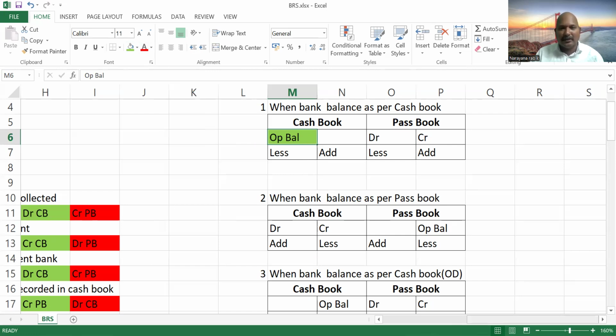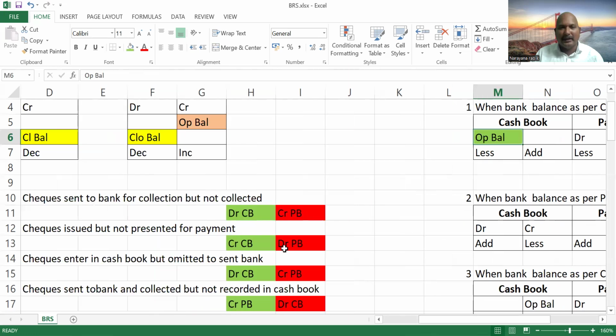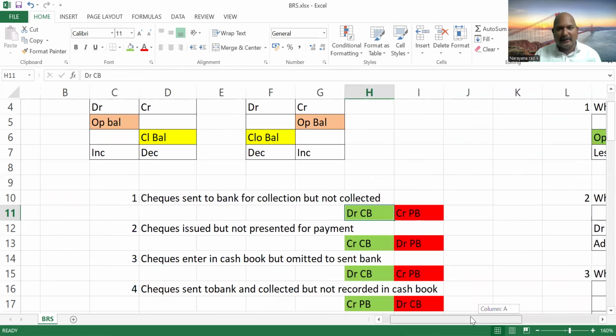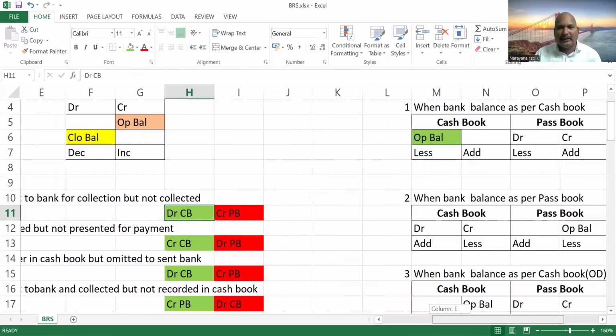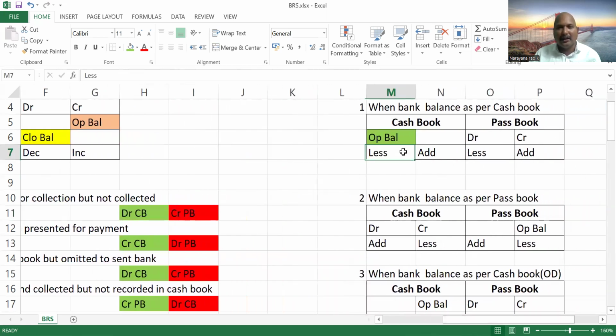Before, we already discussed, every point we put in green appears here only. That means when we start the BRS problem with the cash book favorable balance, the first point is check sent to bank for collection, not collected. It is the debit side of the cash book where we recorded it. What is the symbol for the debit side of the cash book? Less. And you want to less that in the problem.